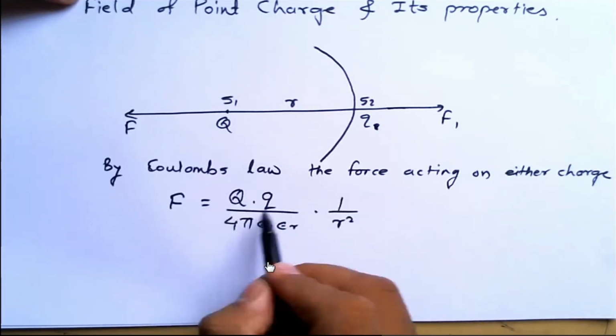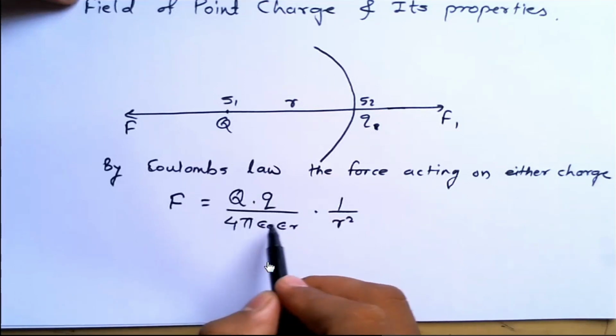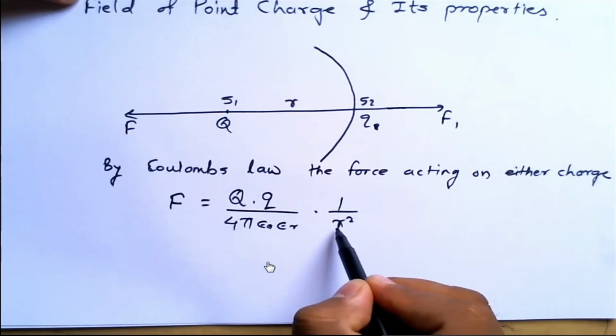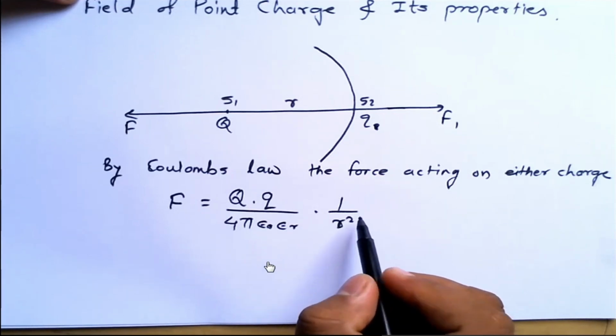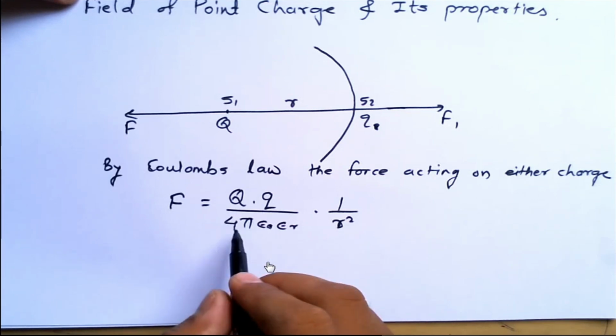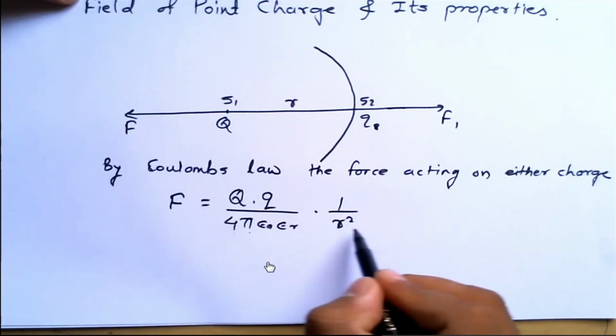It is nothing but the product of these two charges divided by 4 pi epsilon 0 epsilon r into 1 upon the distance of separation square. In this case, as it is a sphere, its surface area is 4 pi r square.